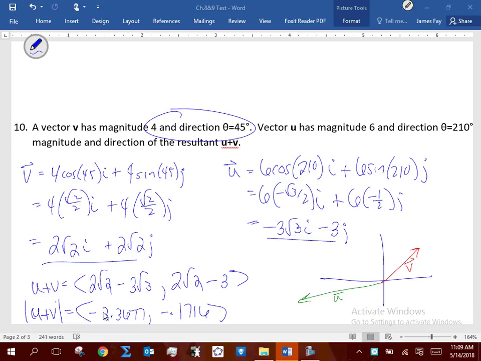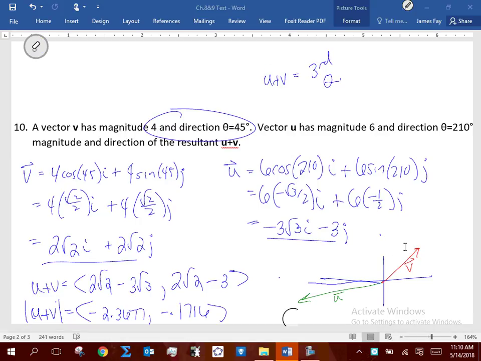That's negative, and that is negative. So what that tells me is u plus v is down here in the third quadrant. Adding these two vectors together gets me this blue vector. So it's a third quadrant vector. That's something very important to think about.